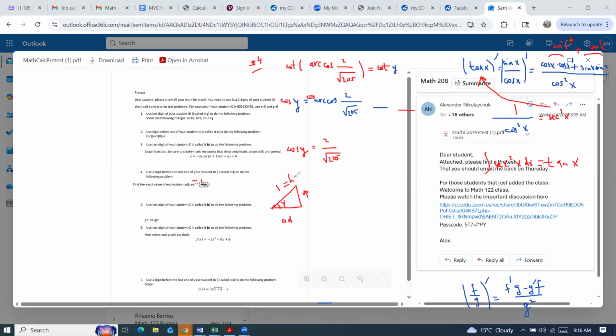And the reason I write it in this format is because of the definition of the function cosine that comes now from the right triangle. It says the quotient of the adjacent side over the hypotenuse. So that's another way to define the function cosine.